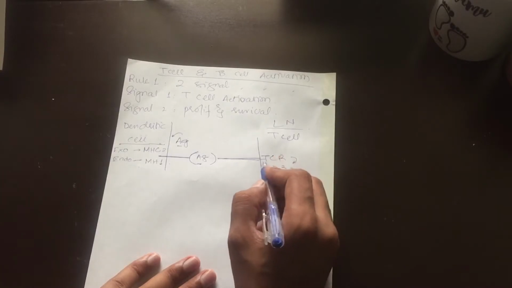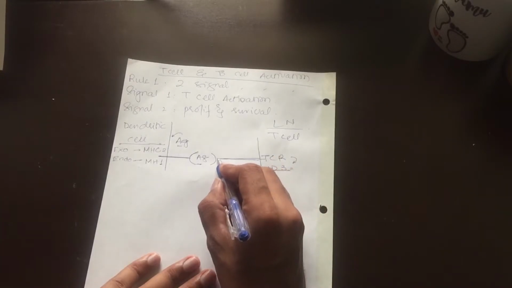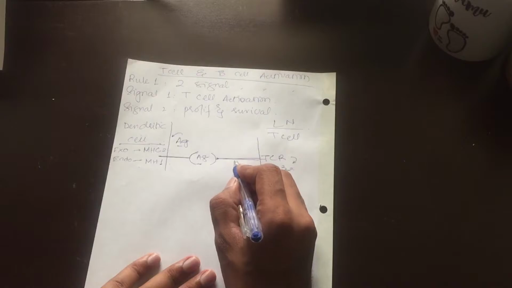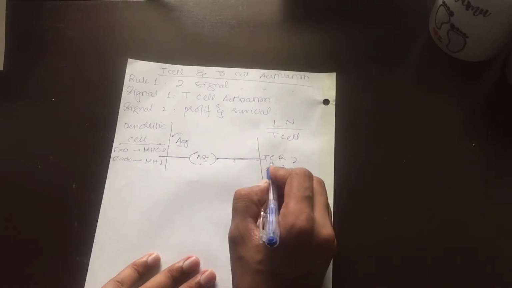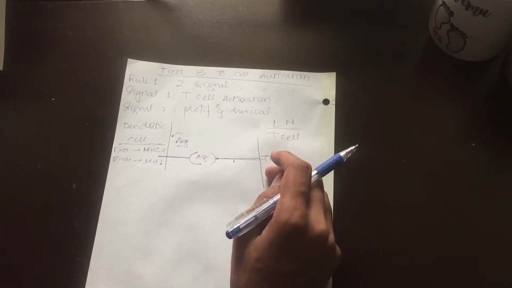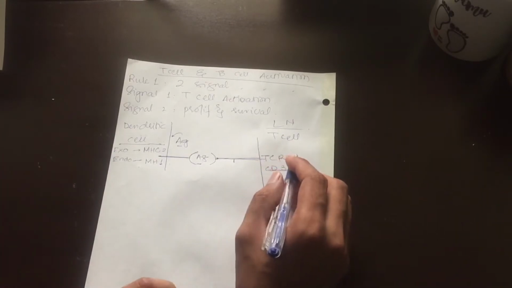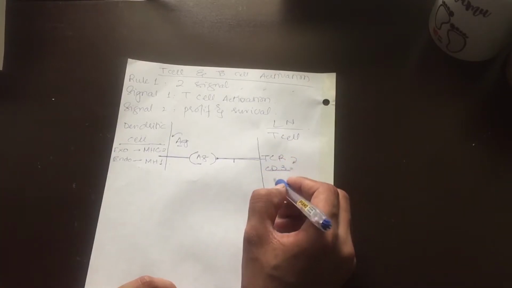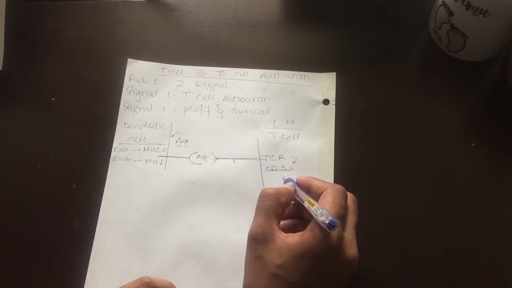Then, we have read that TCRs bind to specific cell surface proteins like CD4.